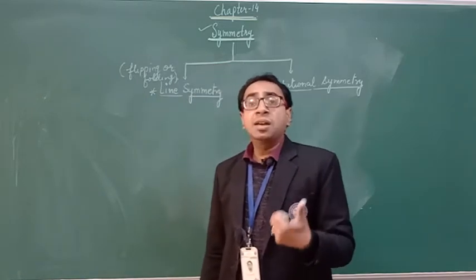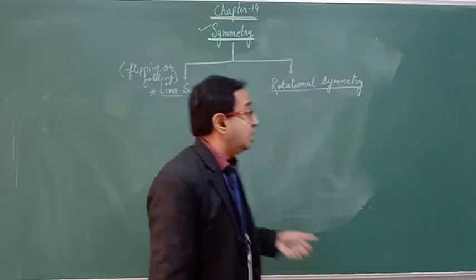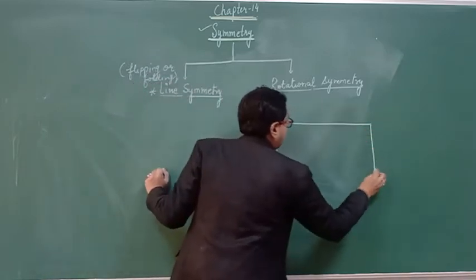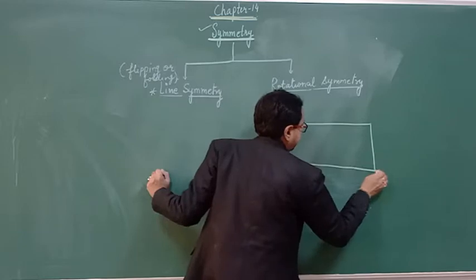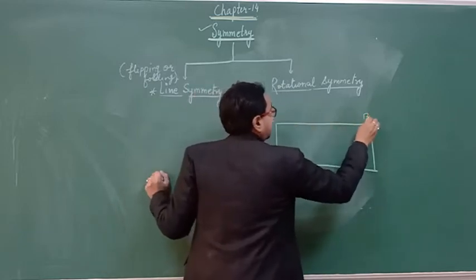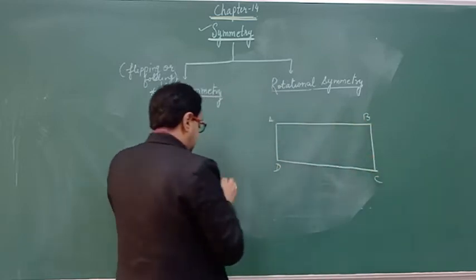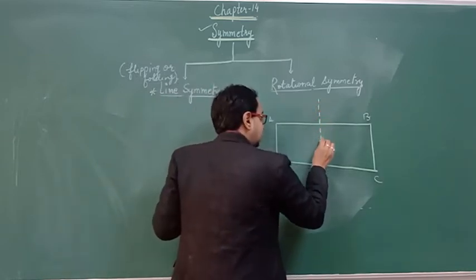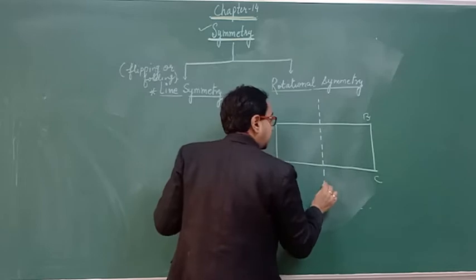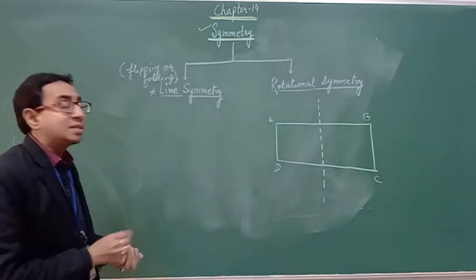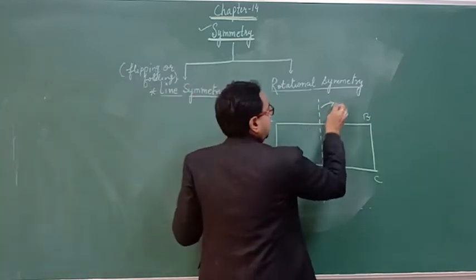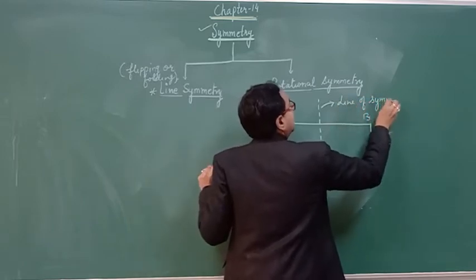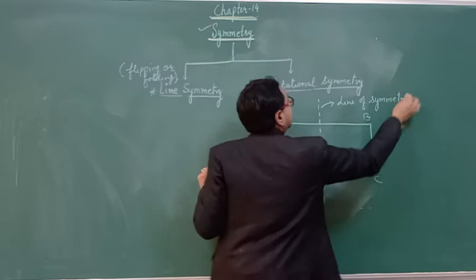For example, I gave you an example before. In case of rectangle, what did we do? We drew one line to show that yes, rectangle possesses symmetry. What is this line called? This line is the line of symmetry, because this line is making this particular figure symmetrical in nature.